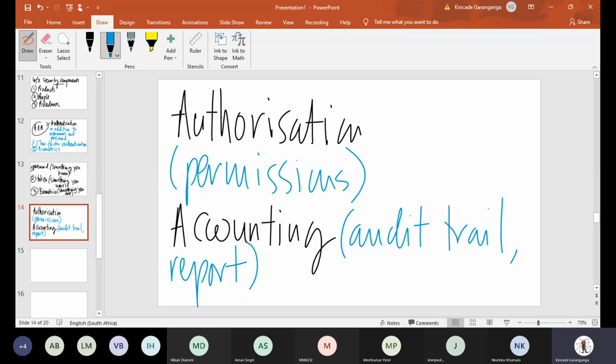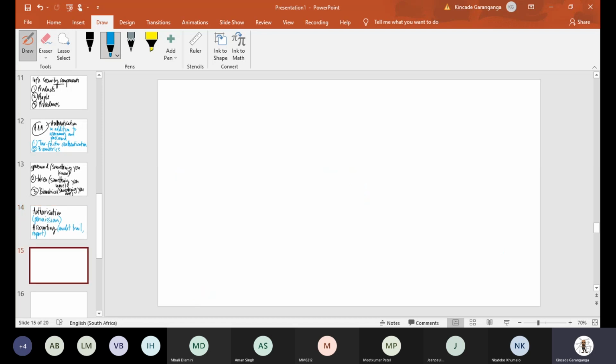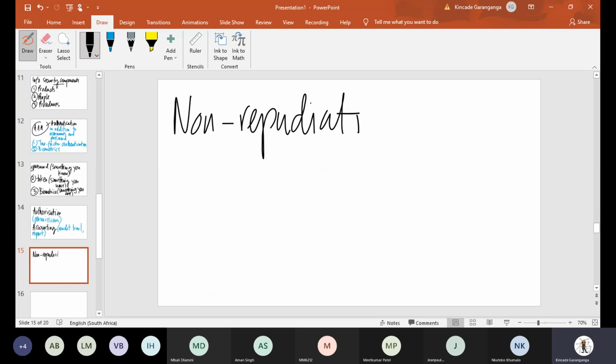Another term that is associated with this accounting, if you want to look at it from a different point of view, would be non-repudiation. So here we've got non-repudiation.